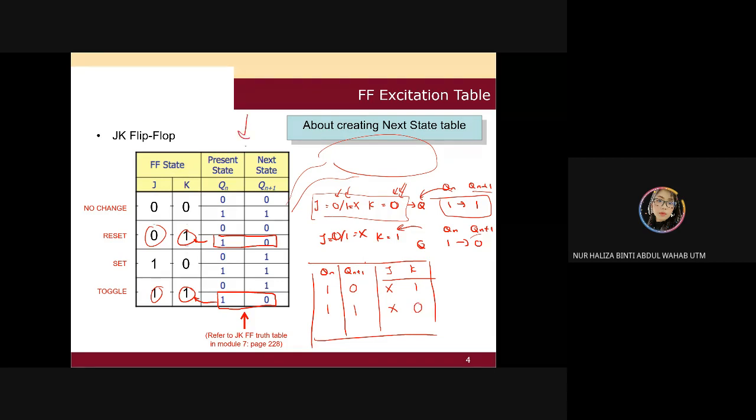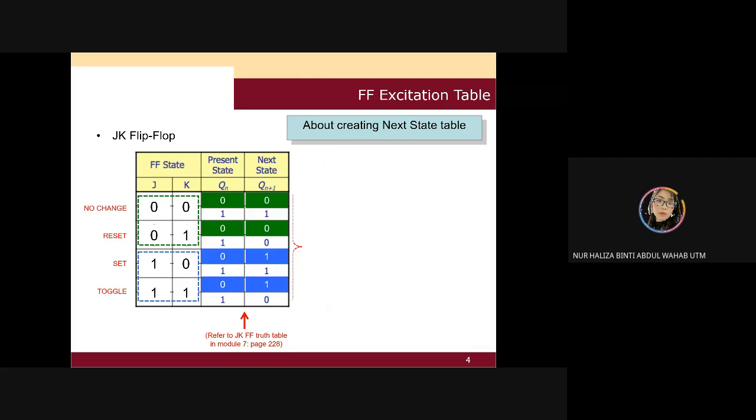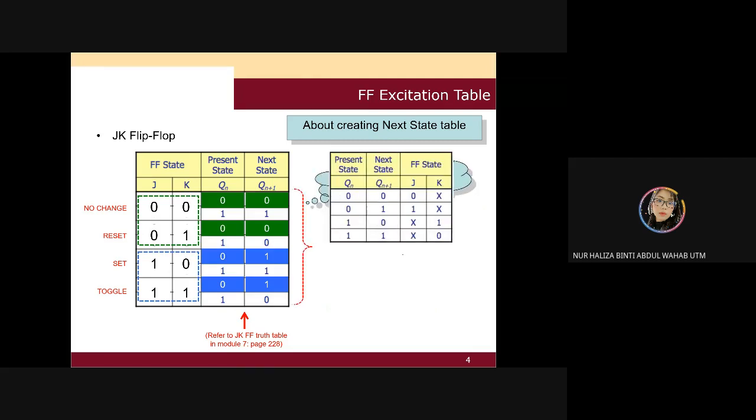From this present state table, next state table, you're going to come out with another summarization. So you can see just now we did this together. So I repeat again how you're going to come out with this summarized table that you need to remember, which is your next state table.